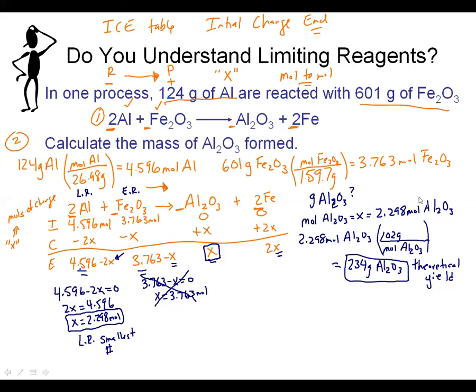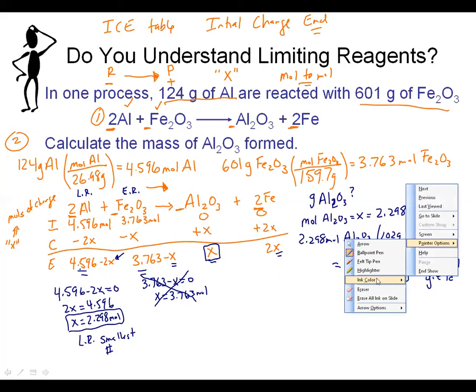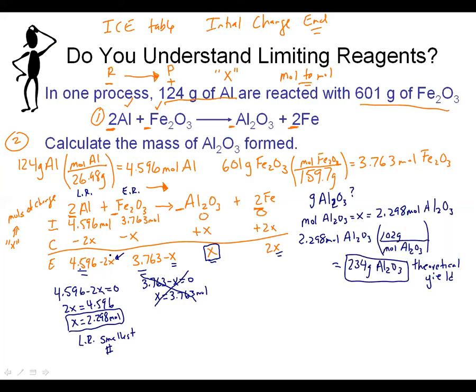Here's where the benefit of this table is. A very common question that you're asked is, for example, how much of your excess reagent is left over? We can do that calculation relatively quickly as well, because if we look at our excess reagent over here, when we get to the end, it equals 3.763 minus x. So how much of our iron 3 oxide is left over?